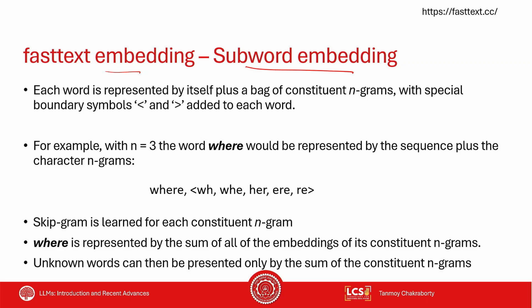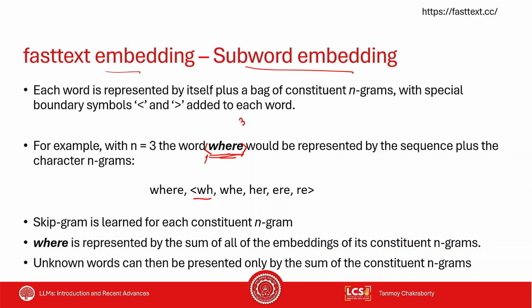And how do we define a subword? A subword is defined by n-grams. Let's say the word "where", W-H-E-R-E. If the n-gram size is 3, I will take W-H-E, H-E-R, E-R-E. These are 3 subwords. Along with this, I will use angle brackets as the start of the word and the end of the word, and those angle brackets are also considered as characters.